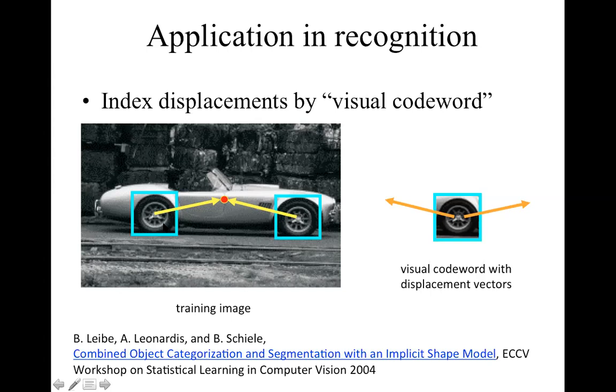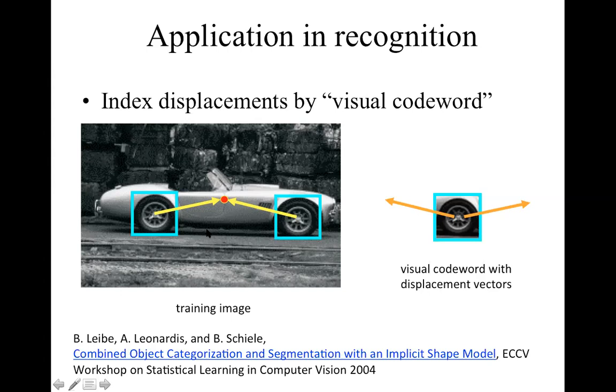You describe the visual content of these patches with a descriptor, and this descriptor is what is called a visual code word, and for each visual code word you retain the displacement vector with respect to the center of the object that you are interested in detecting.